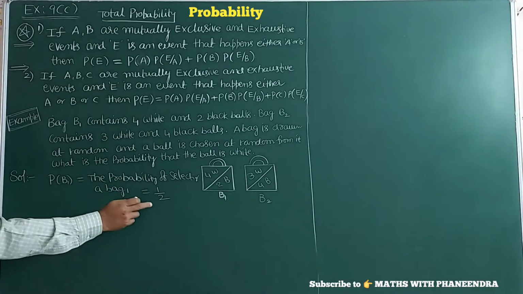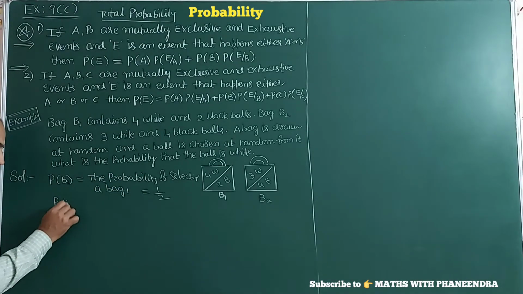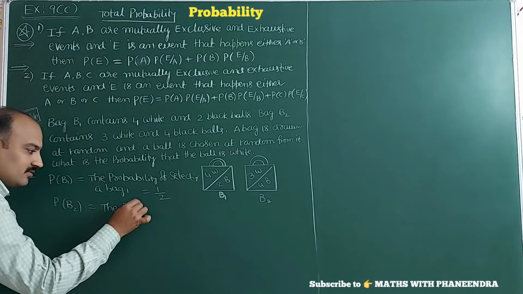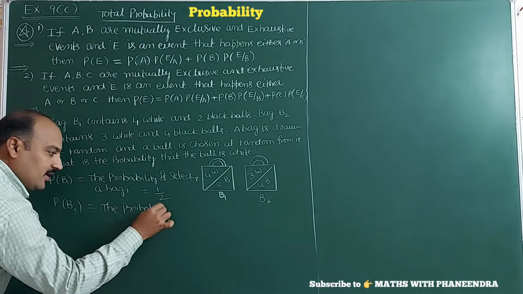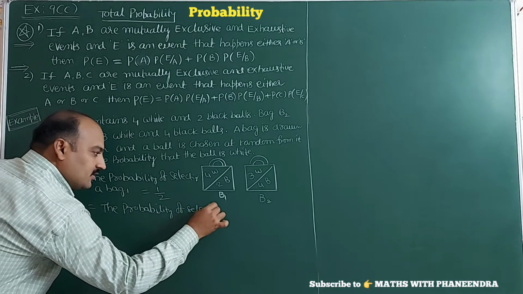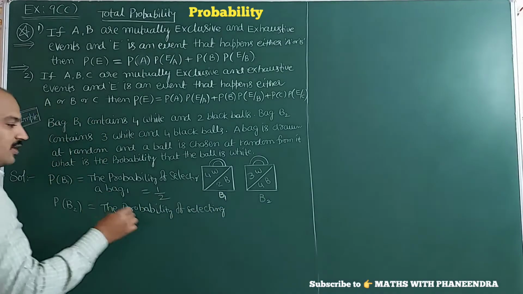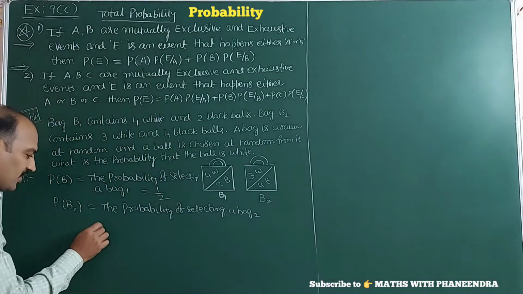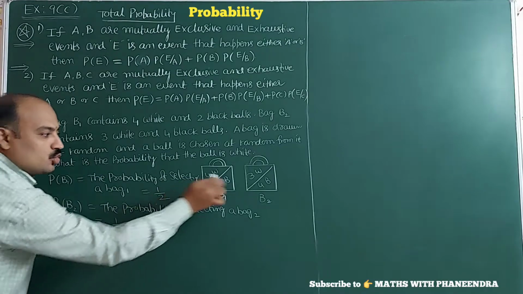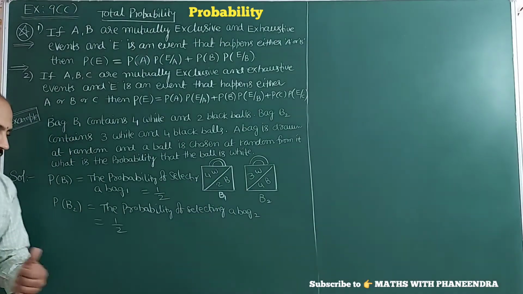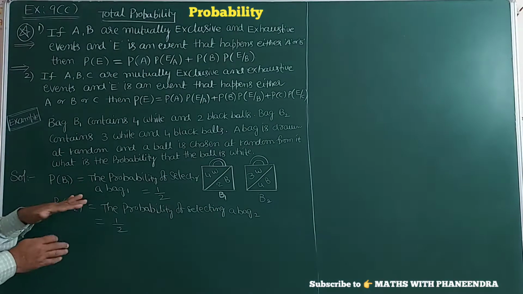So P of B1 is equal to 1 by 2. So P of B2, the probability of selecting bag 2, is also among the two bags, one bag can be selected in 1 by 2 ways. So the probability of selecting the bag is over.